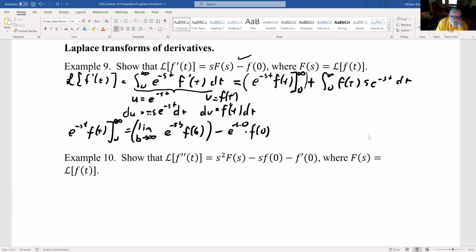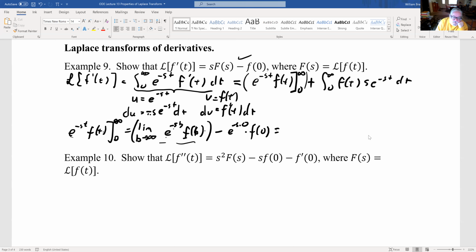Because we plug in the infinity, that gives us this term, minus what we get when we plug in the lower limit, which is this 0. Okay, so here we're going to assume s is greater than 0, so that the exponent is negative. And we're also going to assume that f behaves in a way so that this limit actually goes to 0.